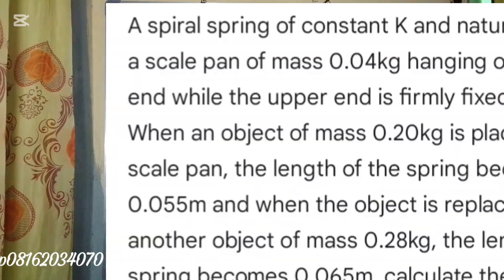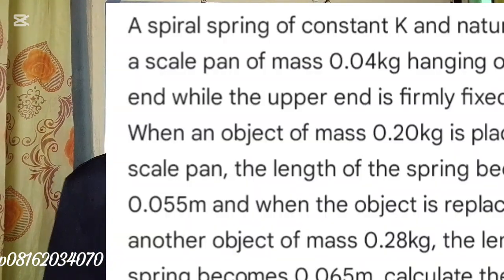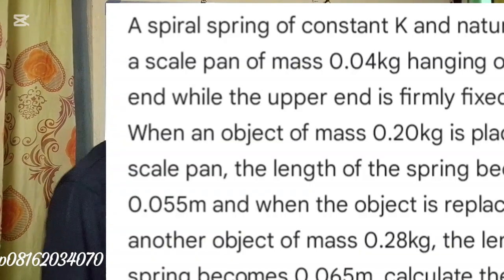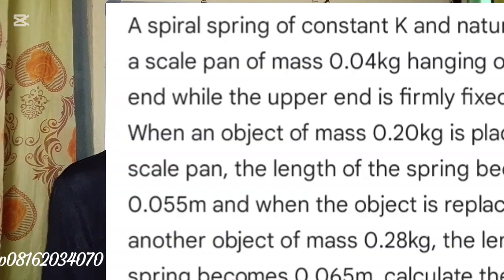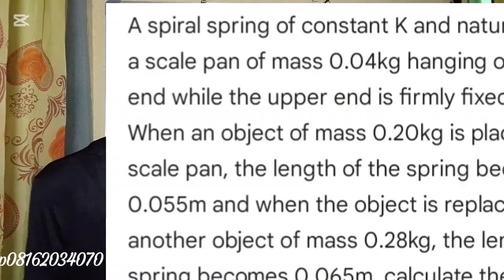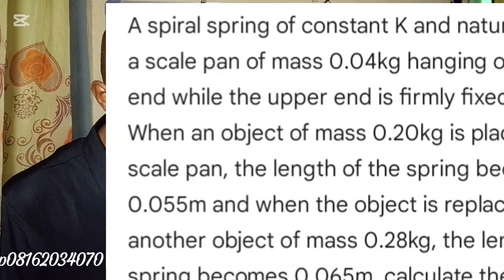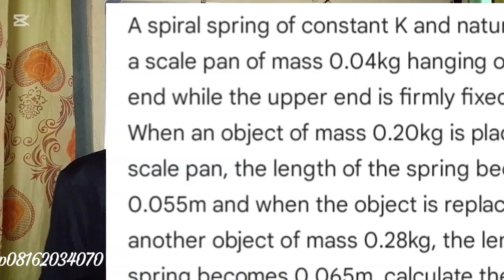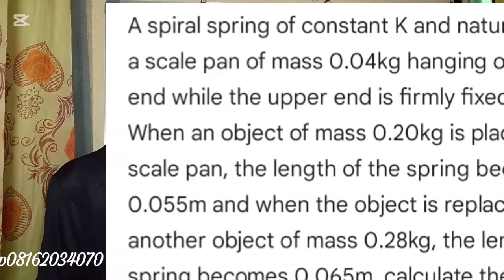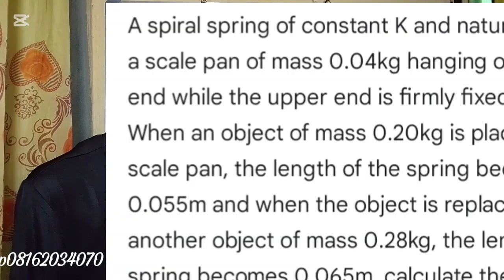A spiral spring of spring constant K and natural length L has a scale pan of mass 0.04 kg hanging on its lower end, while the upper end is firmly fixed to a support. When an object of mass 0.20 kg is placed on the scale pan, the length of the spring becomes 0.055 meters.